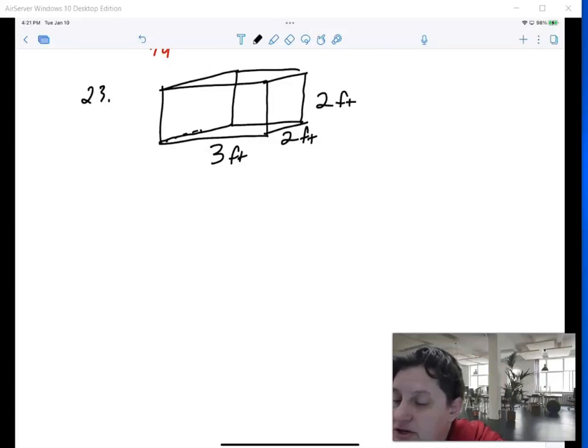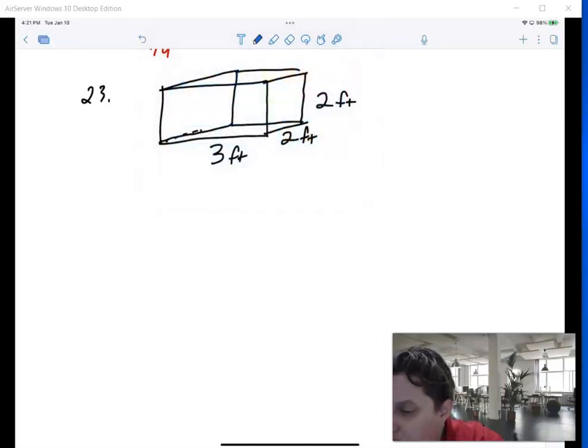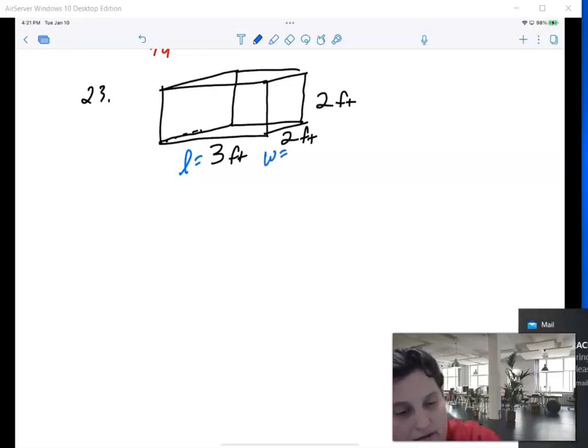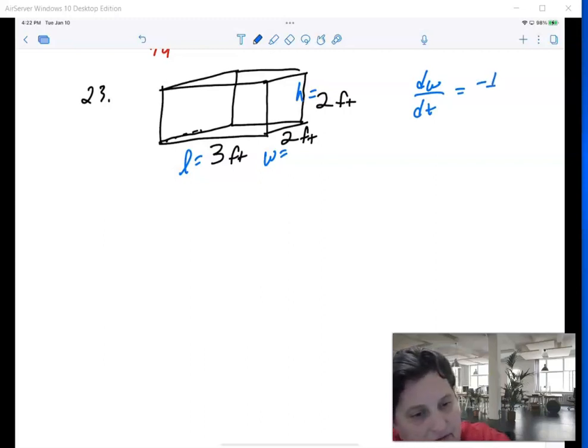The rate of change of the width of the ice: length, width, height. The rate of change of the width, dW/dt, is negative 1/3 feet per hour.